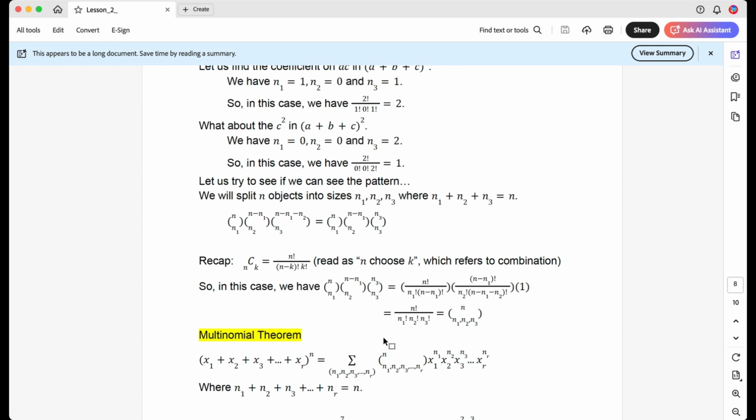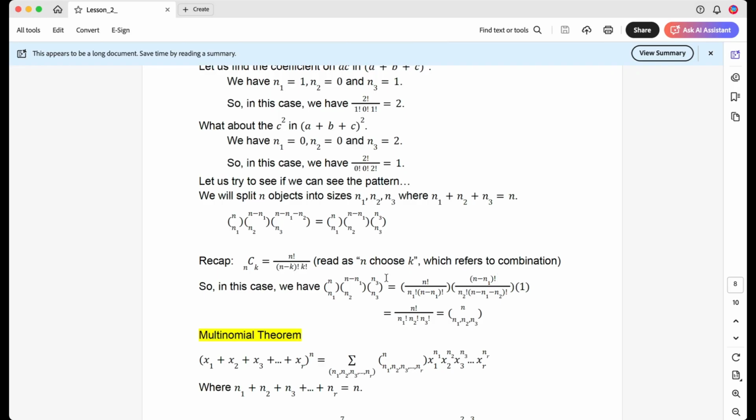So to recap here, n choose k is n factorial over n minus k factorial times k factorial, which is a combination. So n choose n1 is n factorial over n1 factorial times n minus n1 factorial. Then we're doing the remaining amount, n minus n1 choose n2. So it's n minus n1 factorial divided by n2 factorial times n minus n1 minus n2 factorial.